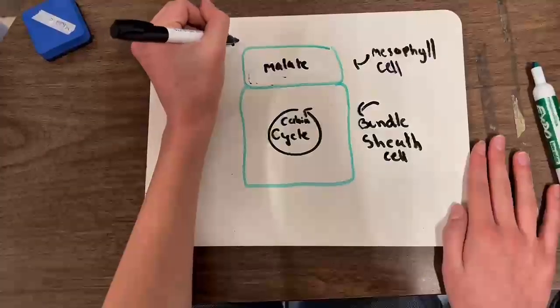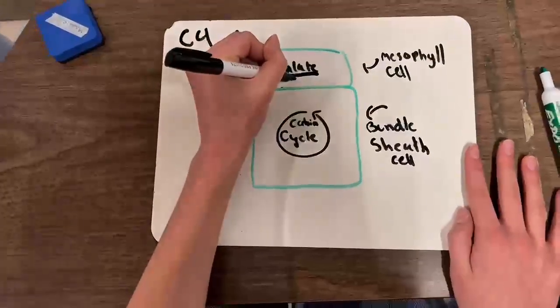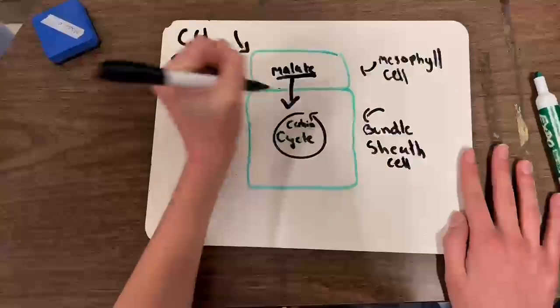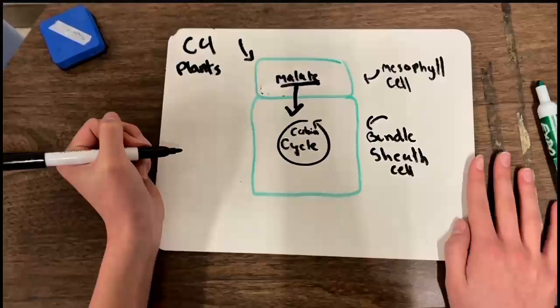C4 plants take in carbon dioxide and form it into 4 carbon structures. Chloroplasts are located in mesophyll cells as well as a bundle of sheath cells. CO2 moves from the mesophyll cells into the bundle sheath cells, where the Calvin cycle happens.